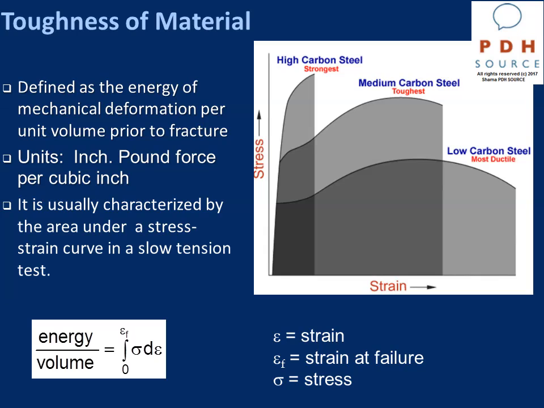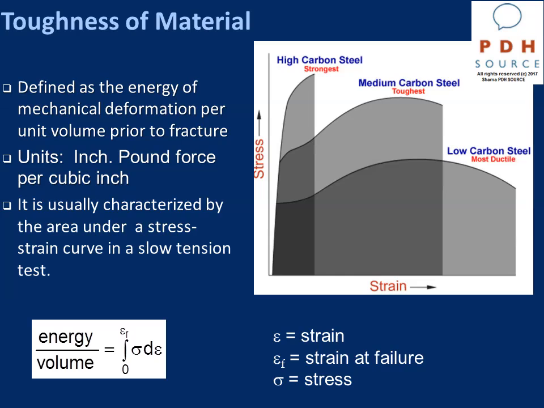And it can be characterized by the area under the stress-strain relationship of the material. This figure is showing several stress-strain relationships of different kinds of steel: low carbon steel, medium carbon steel, high carbon steel.